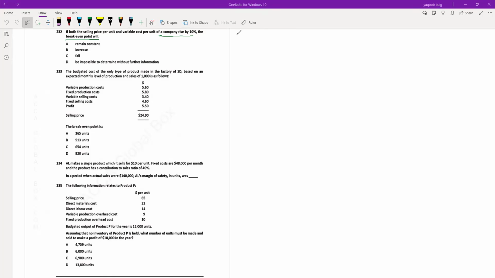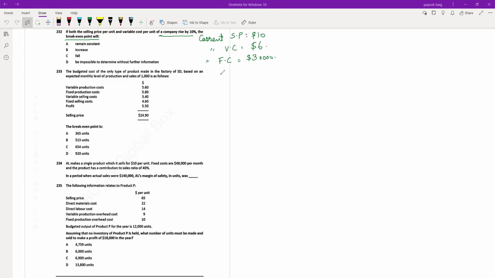You can assume by yourself, like you can say that our current selling price is $10. Suppose current variable cost per unit is $6. Current fixed cost is $30,000.